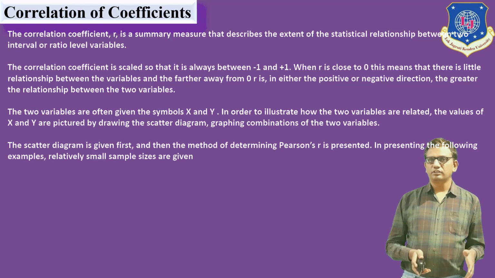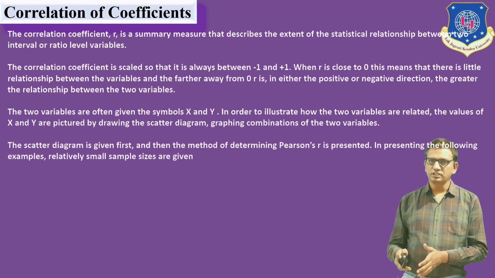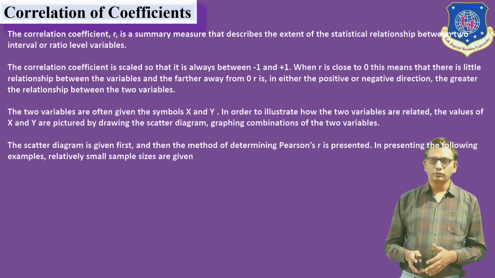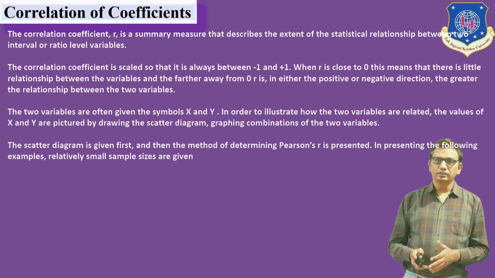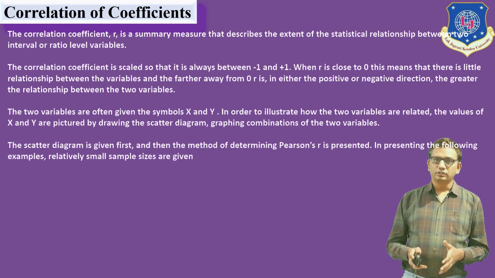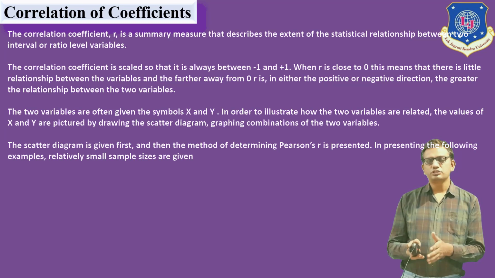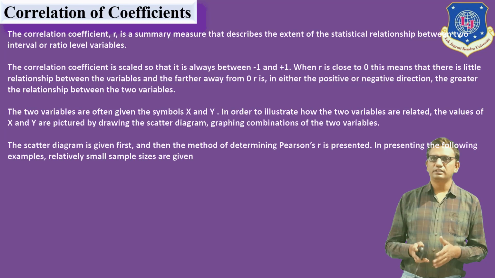If one data's value is increasing but the second one is decreasing, in this case we can say that it is negatively correlated. And if the relation value between them is very near to zero, in this case we can say that they are not related to each other.